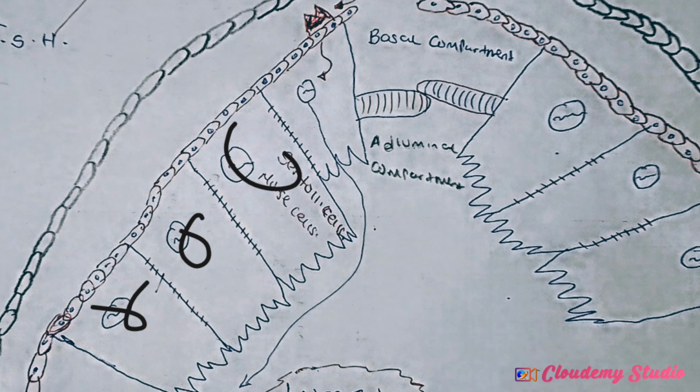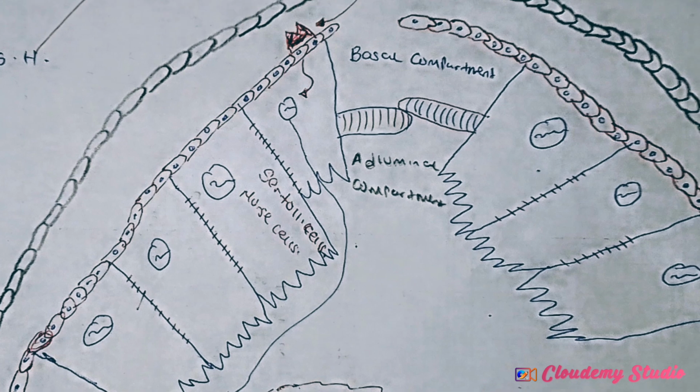Now, it is important that in between these cells we have, look at this tiny hair-like structure that I put here. Can you see them? These are proteins that link the cells together to make them adherent to one another.